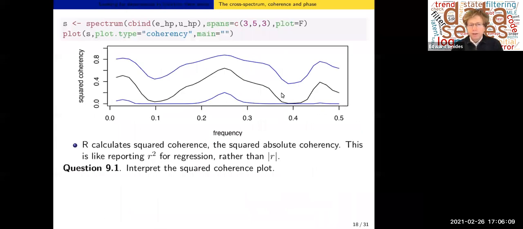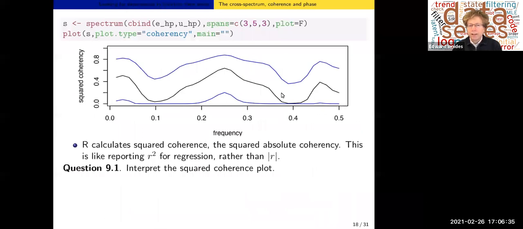Here is the code to calculate the coherency and phase. So what we do is we calculate the bivariate spectrum smoothing very much as we did in the univariate case, but then we set plot equals false because we don't immediately want to plot that.